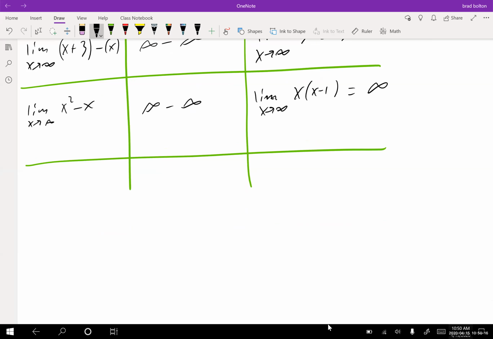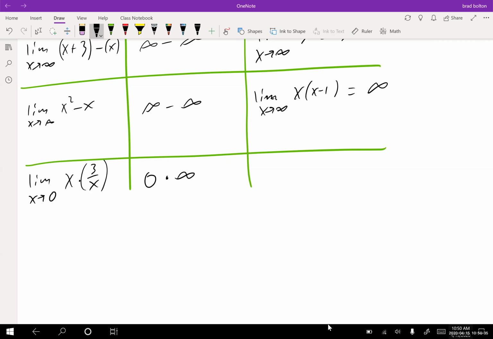Now we can take a look at another one. We can do the limit as x approaches 0 of x times 3 over x. That becomes 0 times infinity, because 3 divided by an infinitely small number is an infinitely large number.